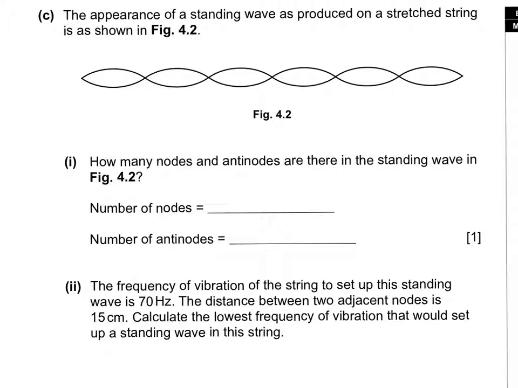So a node is a place of 0 displacement, and an antinode is a place of maximum displacement. So hopefully we can see there are 1, 2, 3, 4, 5, 6, 7 nodes, and 1, 2, 3, 4, 5, 6 antinodes.